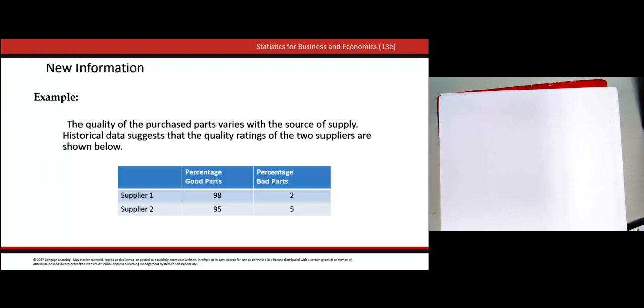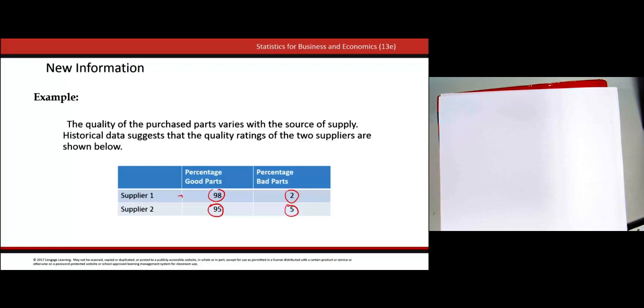Now how can we interpret this table? If you look at supplier 1, 98% of parts are good, 2% are bad. Now look at supplier 2: 95% of the parts are good, 5% are bad. Now how can we write these probabilities? These are the conditional probabilities.